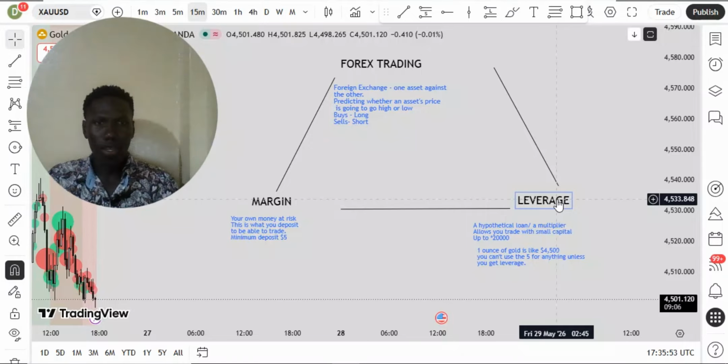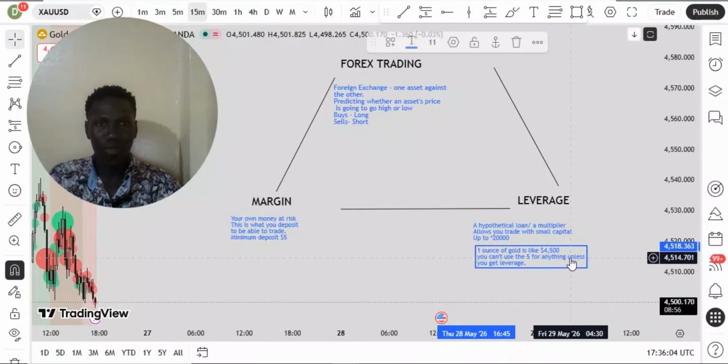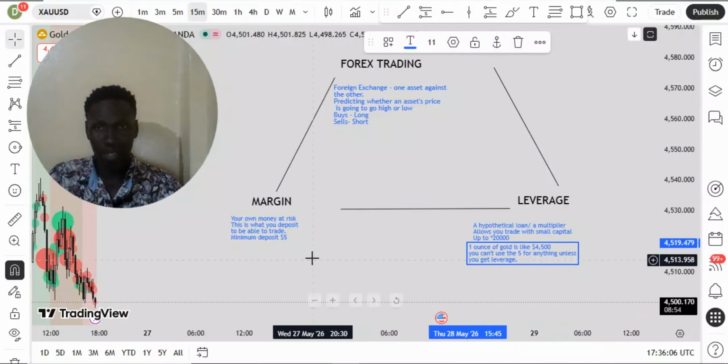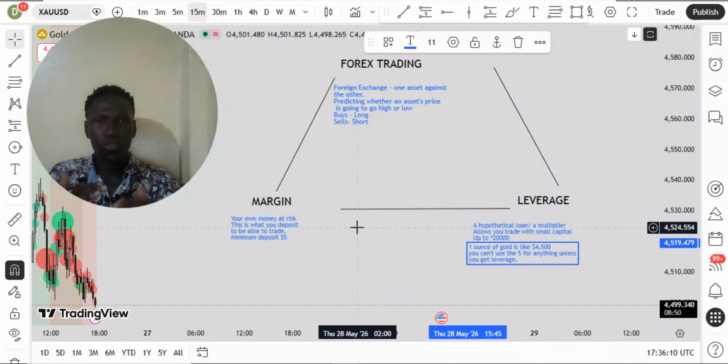And the reason why we use leverage is that the price of gold is around 4,500, right? So you can't possibly trade it with $5, even though $5 is the minimum deposit. You cannot trade it with $5 because gold is at 4,000. So it's basically impossible to trade with $5.